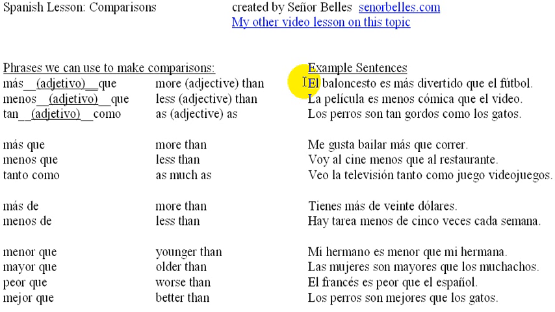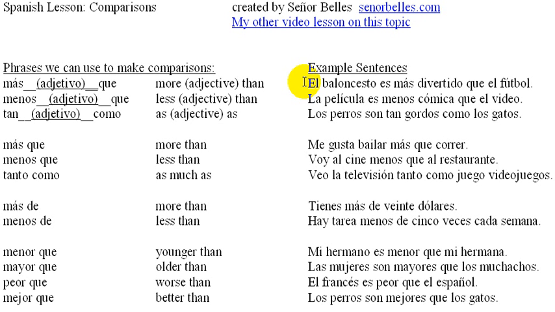So my example sentence for the first one, me gusta bailar más que correr, which would be, I like to dance more than run. Next one down, voy al cine menos que al restaurante. So I go to the movie theater less than to the restaurant. En tanto como, veo la televisión tanto como juego videojuegos. I watch TV as much as I play video games.